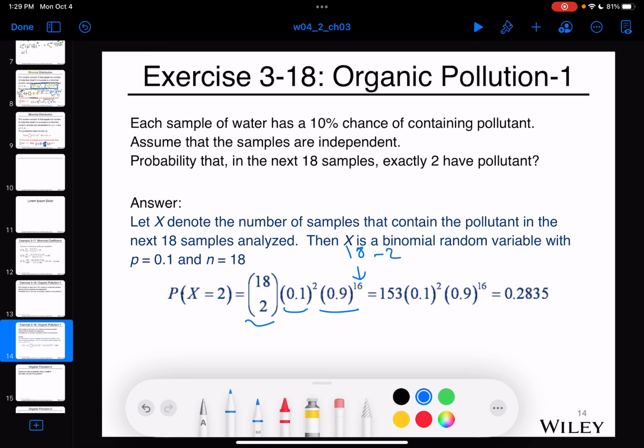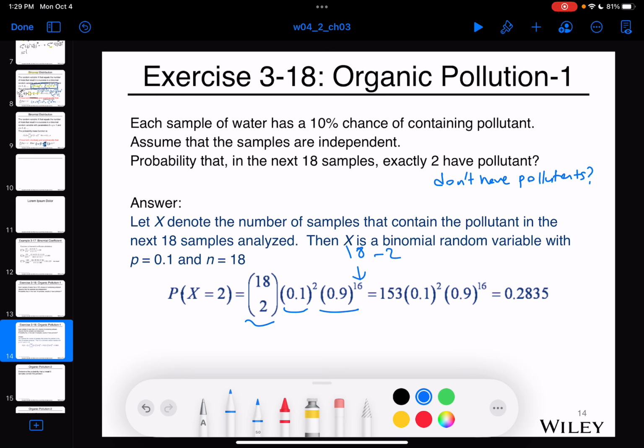So for example, if the question said the probability that in the next 18 samples, exactly 2 don't have pollutants, then there are 2 ways we can solve this question.